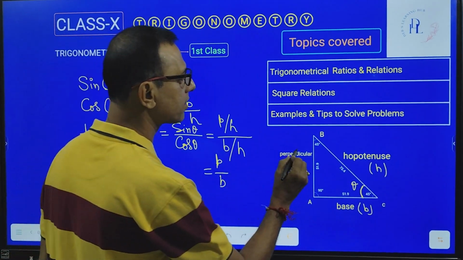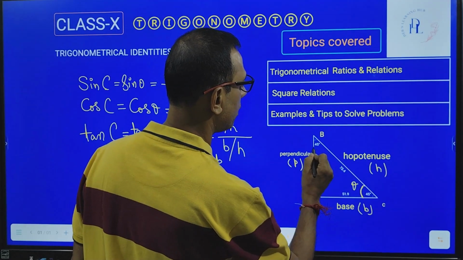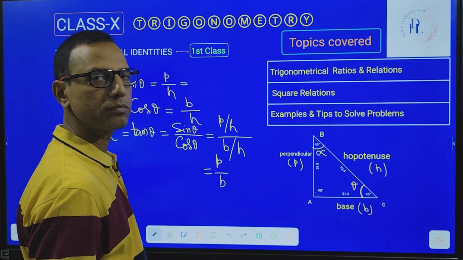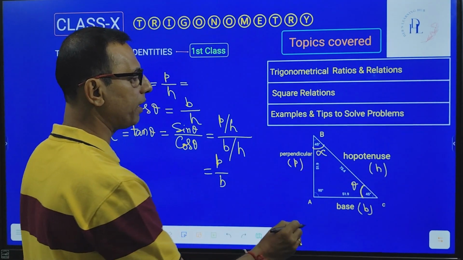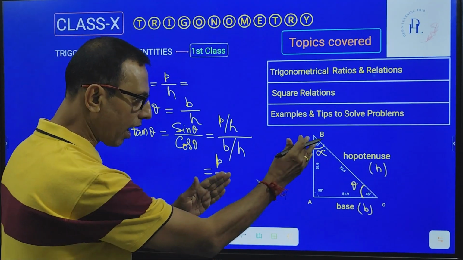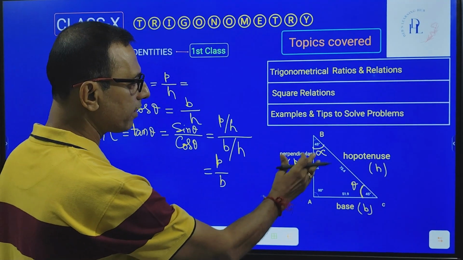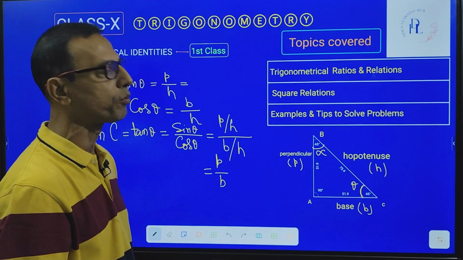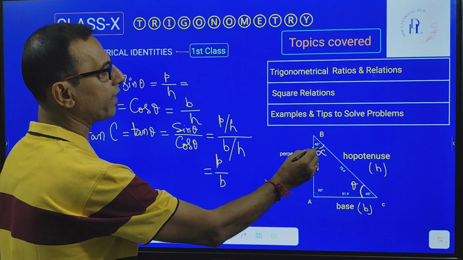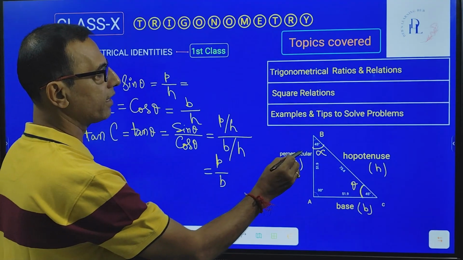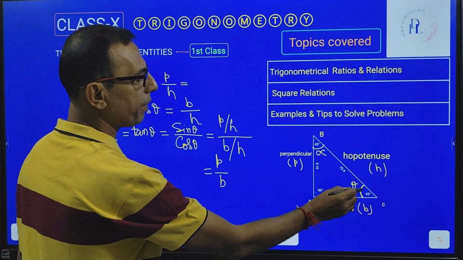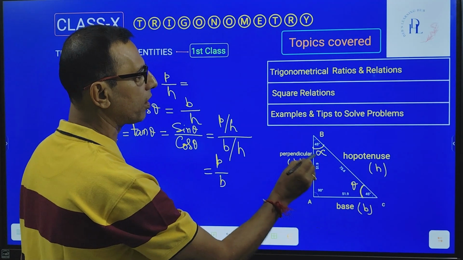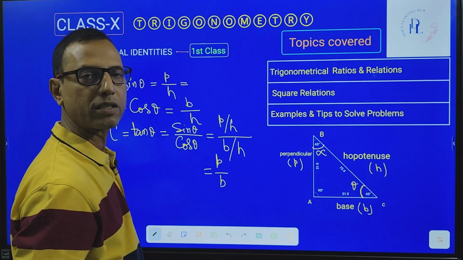So if somebody asks you to find sin alpha, this hypotenuse is fixed, but the perpendicular and base are in relative positions. So if somebody asks you to find sine alpha, in that case we will consider this base in this same triangle as the perpendicular, and this perpendicular we will consider as the base.